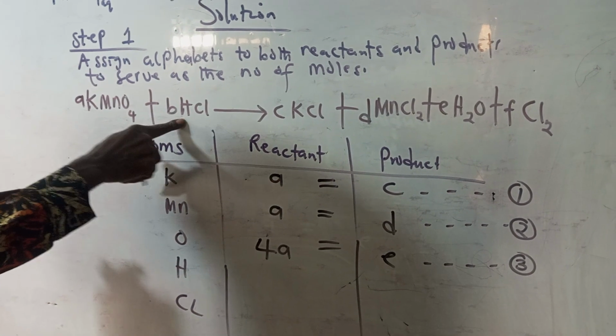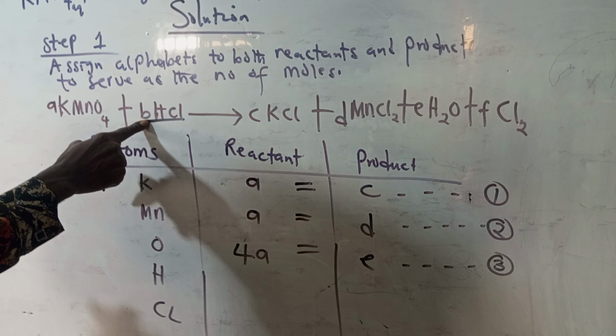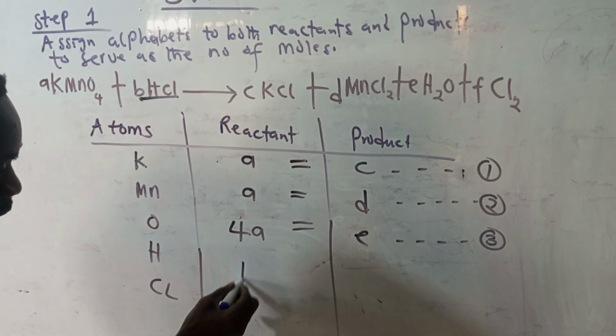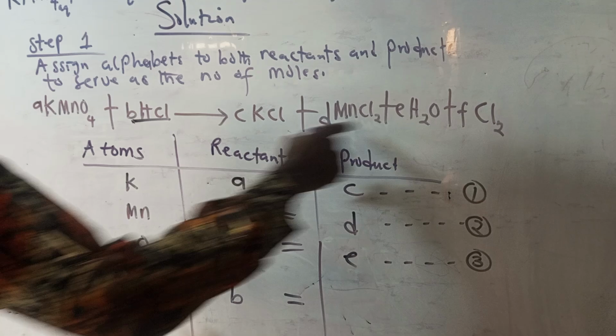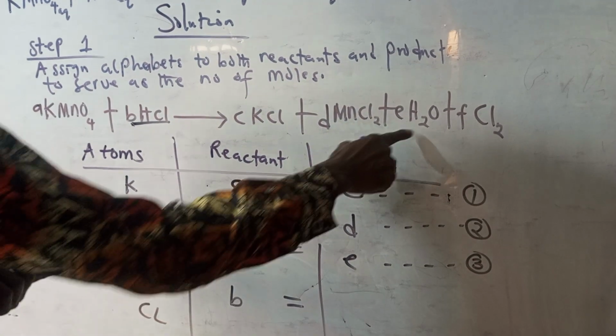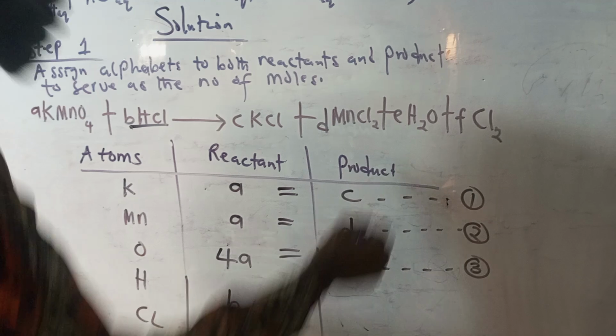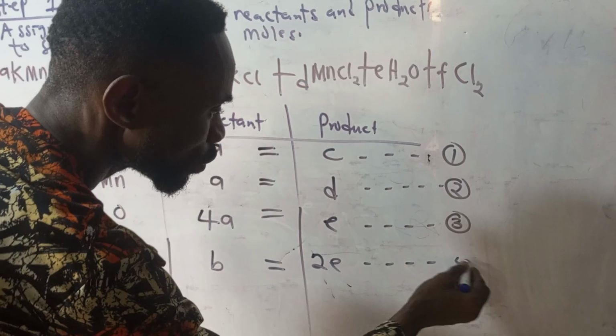Hydrogen appears in B, one atom of hydrogen. So I will say B is equal to, on the product side, where hydrogen occurs only in E, two hydrogen atoms here. So I have 2E. This is my equation 4.